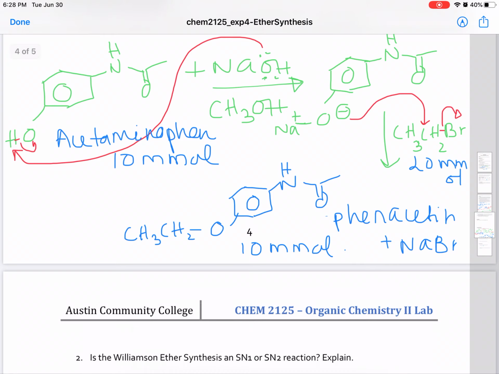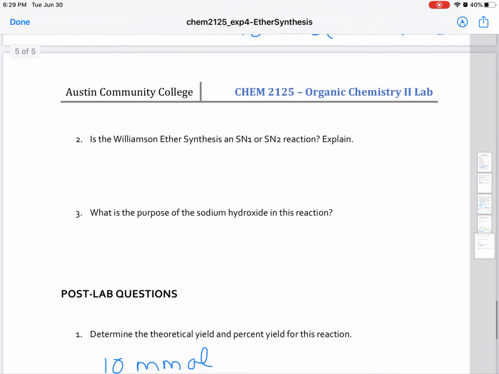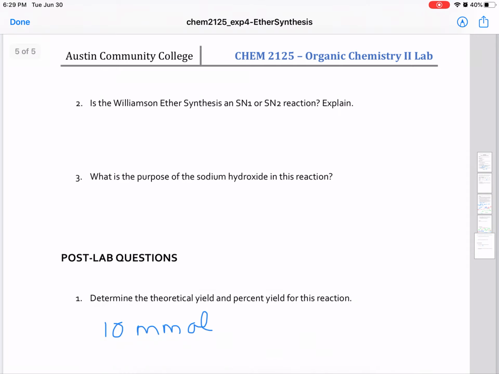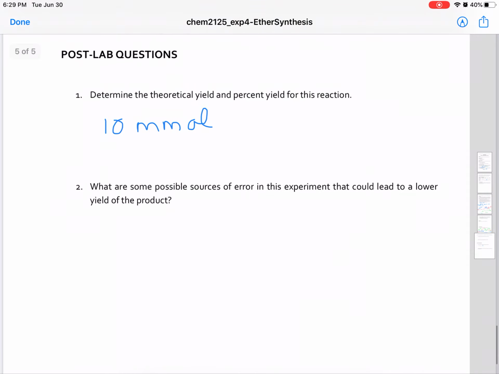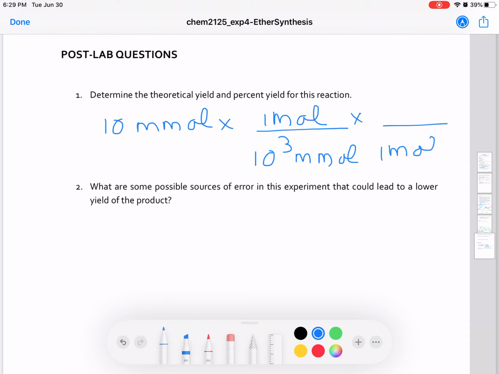So how do you find the theoretical yield? If you know that 10 millimoles is the amount that is going to form, we can find the theoretical yield. So 10 millimoles. We know 10 to the power 3 millimoles is 1 mole, converting millimoles to moles. And then 1 mole of phenacetin is the molar mass of phenacetin, which is 179, I believe.